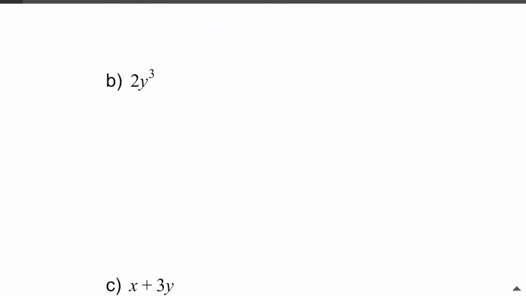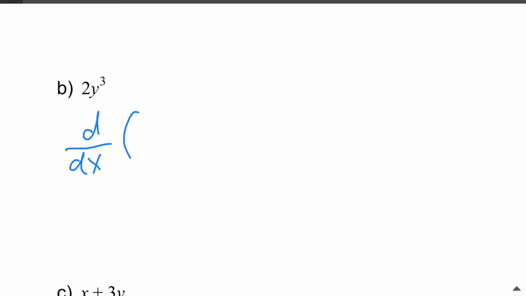Now, where it does become important is when we see y's. So if we're trying to find the derivative d dx of 2y cubed, the way that this would happen is the power rule, just like we're used to. So it's going to be 3 times 2, we get 6y, and then we decrease the exponent by 1, squared. But just like before, we said dx, the derivative of x with respect to x.